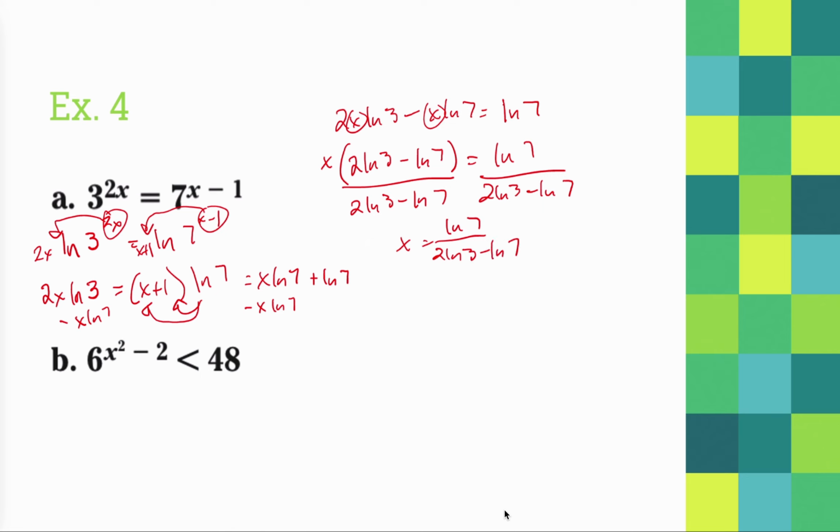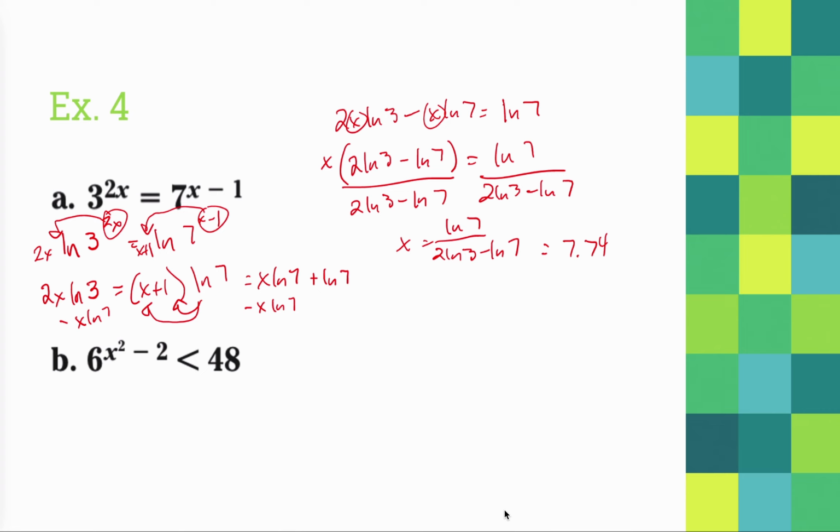And if we do that on our calculator, that's going to be ln 7 divided by 2 ln 3 minus ln 7. And that ends up being 7.74-ish.